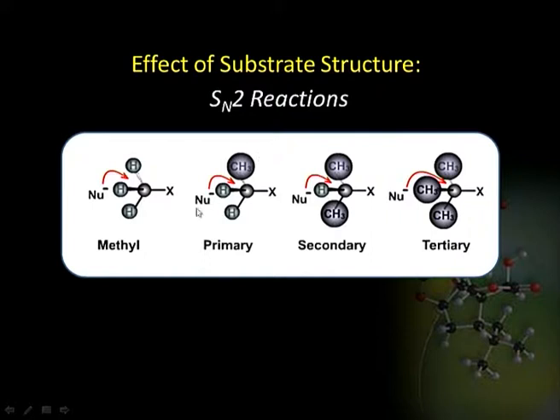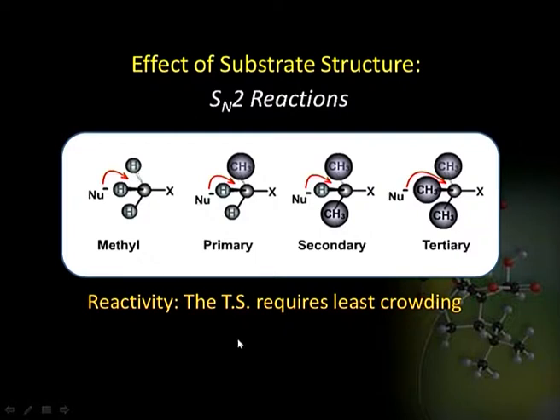If we look into this structure, the methyl halide is less crowded and the approach of the nucleophile is easier to the carbon. Primary halide is more crowded and the secondary is more than primary, whereas tertiary halide is so crowded that the nucleophile finds it difficult to approach the carbon to which the halogen atom is attached.